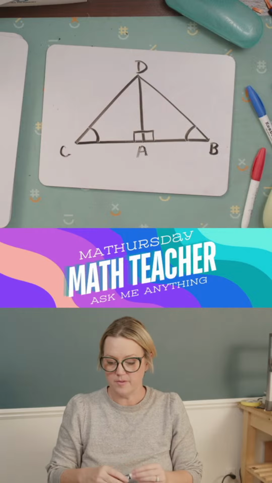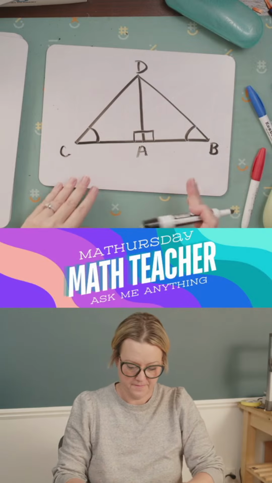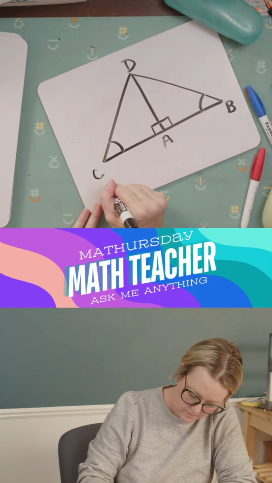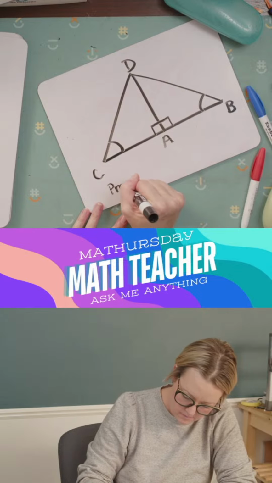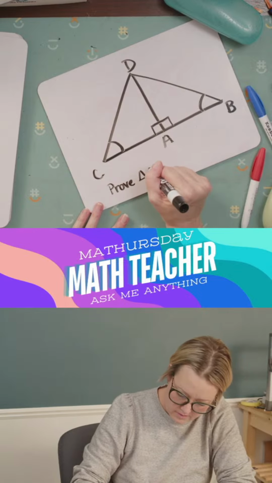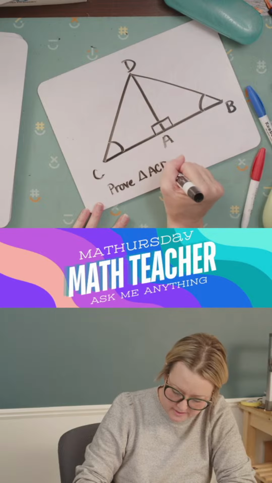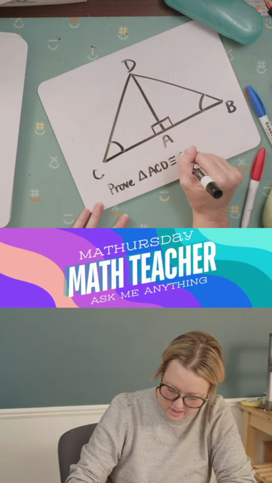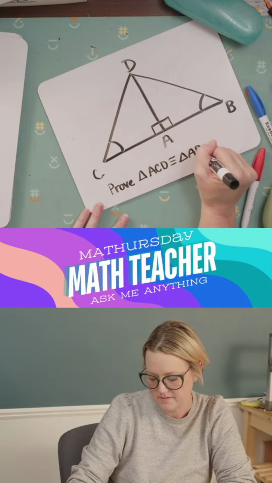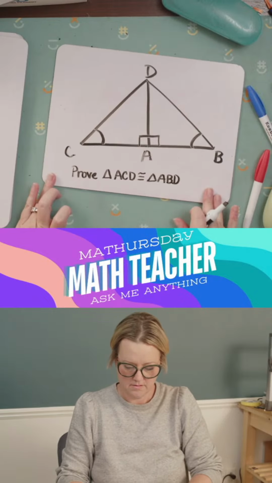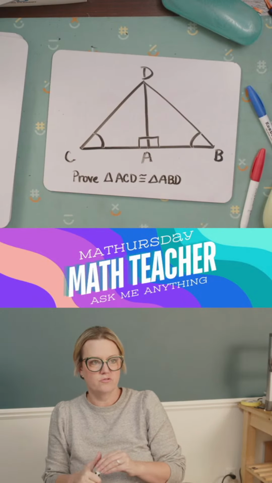Okay, so you're going to try to prove that triangle ACD is congruent to triangle ABD. Oh, I kind of drew it a little crooked.